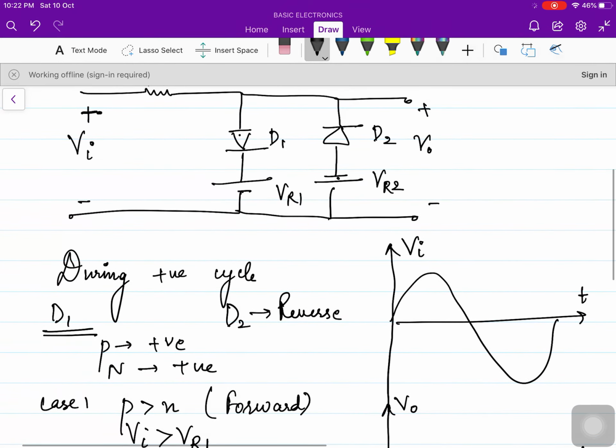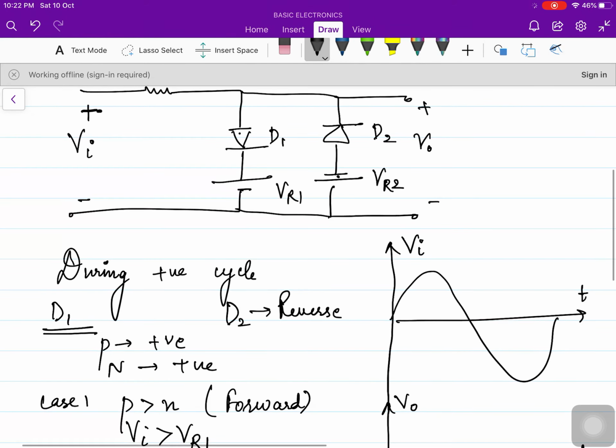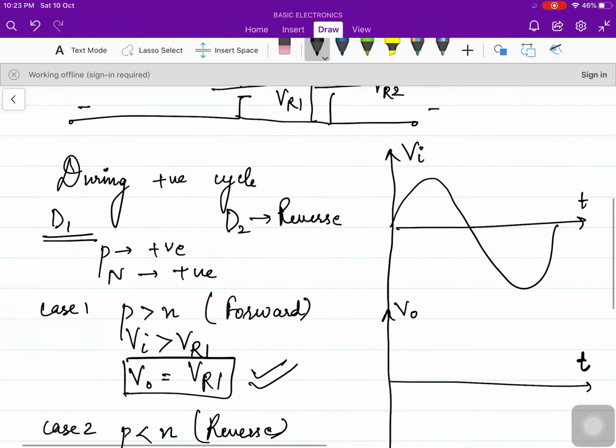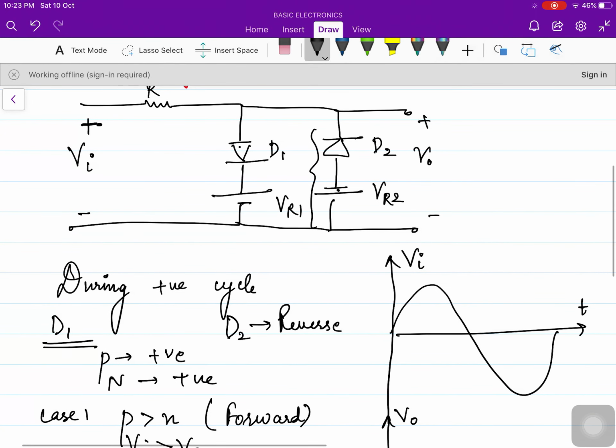And reverse means open circuit, and open circuit means this whole branch will be gone. That means it will not come into light. So only the D1 branch is into the light. So when D1 is forward, V0 equals plus VR1. So this is the answer for the first case.